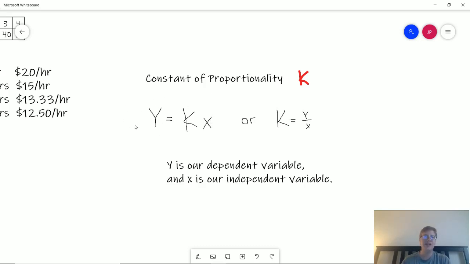And then my dependent variable is going to be the one that relies on that. So if I worked 4 hours for $20 an hour, I would earn $80. And then if we need to solve for the unit rate, then we would use this formula here. So we would take the number of dollars, $80, divided by 4 hours would give us $20.